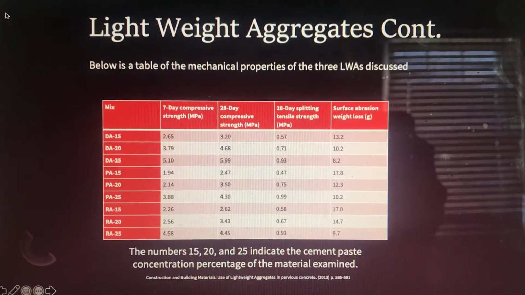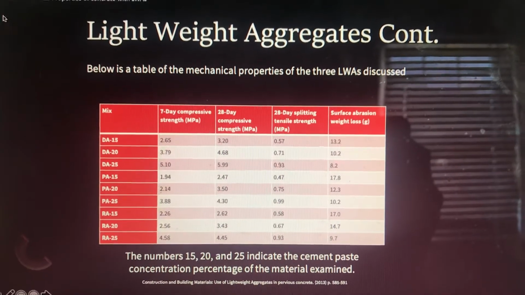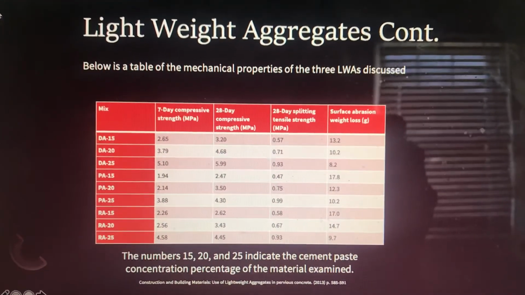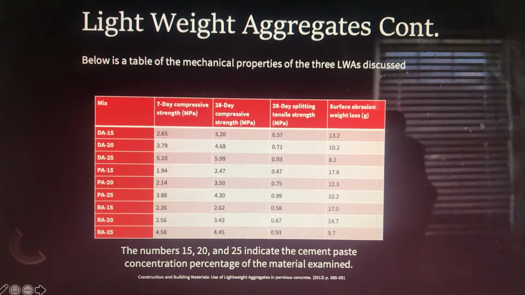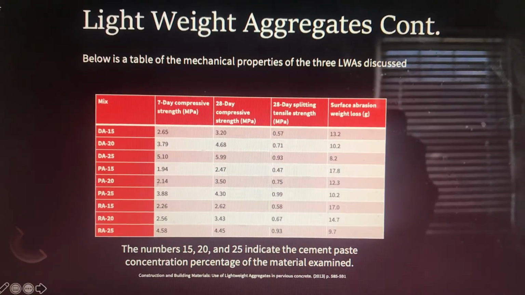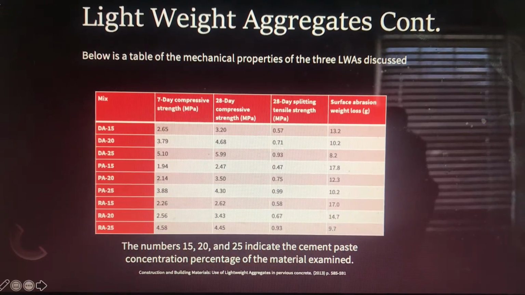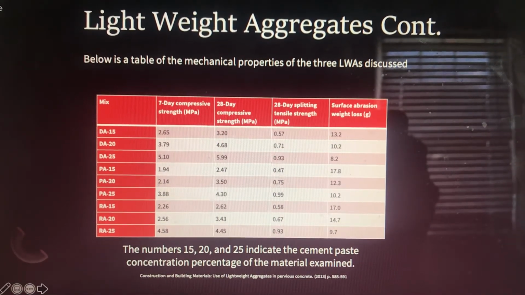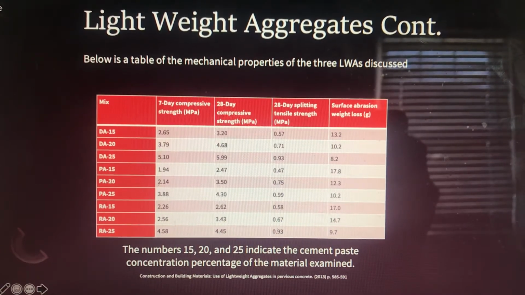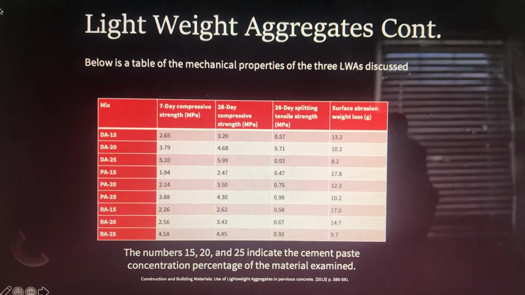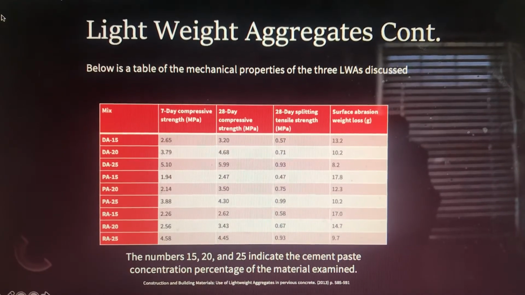You can see in this chart that it was studied by a source that I studied pretty in depth, and the diatomite aggregate tended to show better compressive strength over 28 days, especially at 25% cement to matrix ratio, which is the cement paste inside, which will close up.